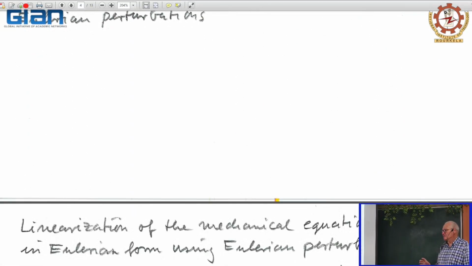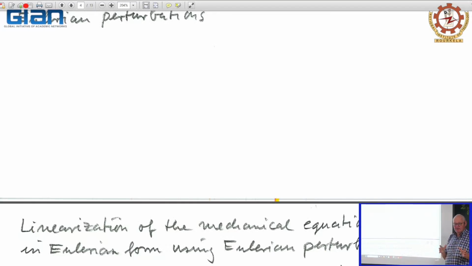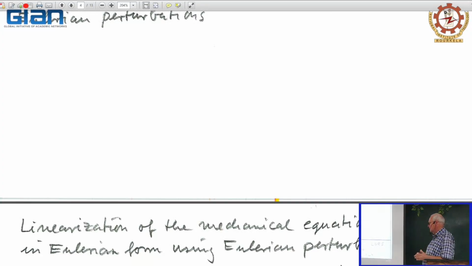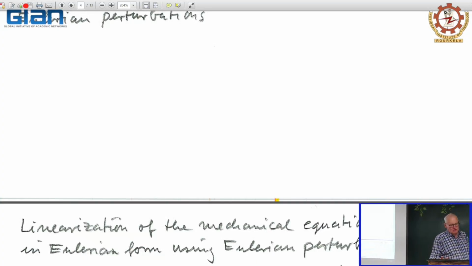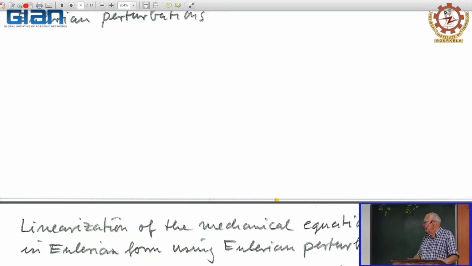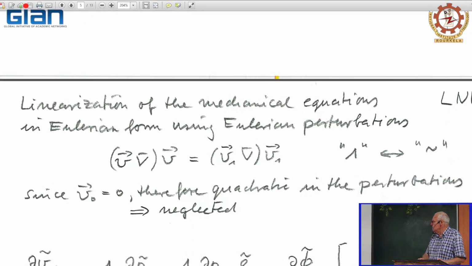Well, now we are going to do the same as for the radial case. We will linearize the mechanical equations. However, contrary to the previous case, we will adopt the Eulerian point of view. We will use the mechanical equation in Eulerian form, and we will use Eulerian perturbations, contrary to the previous case where we did it on the basis of the Lagrangian description.